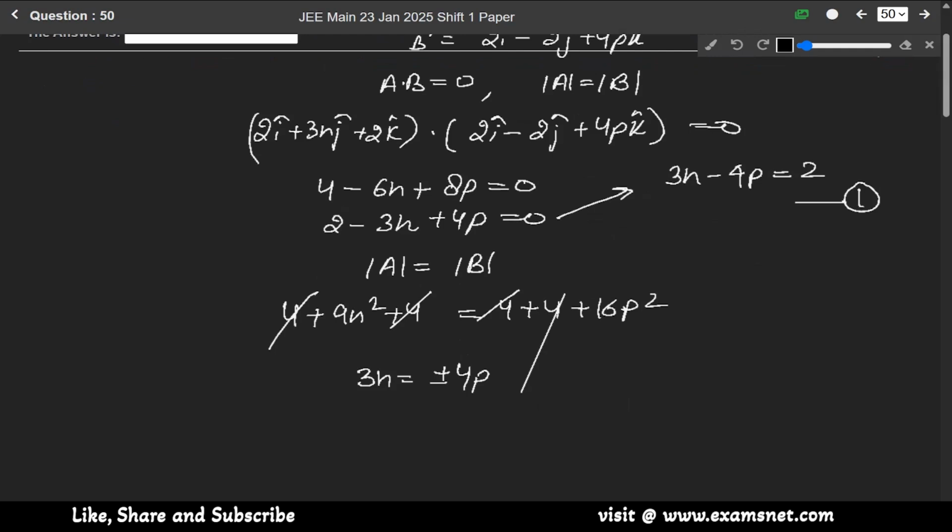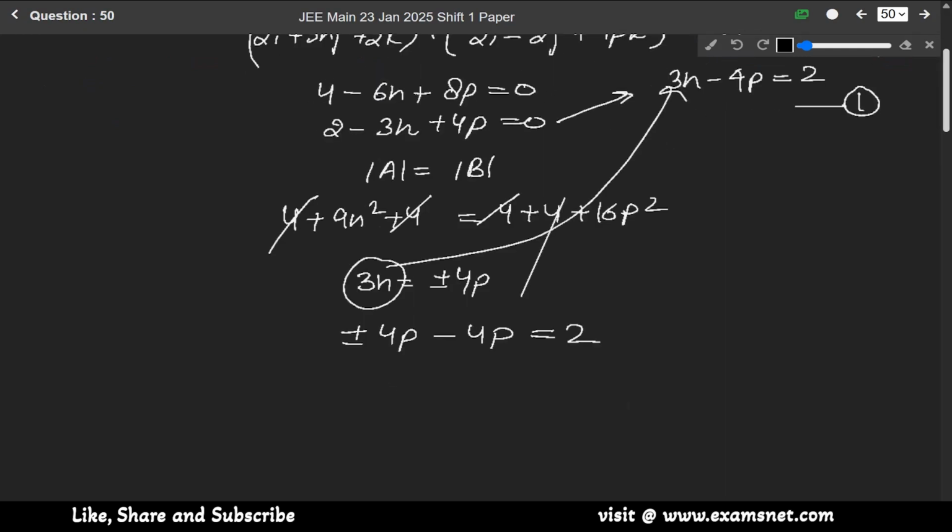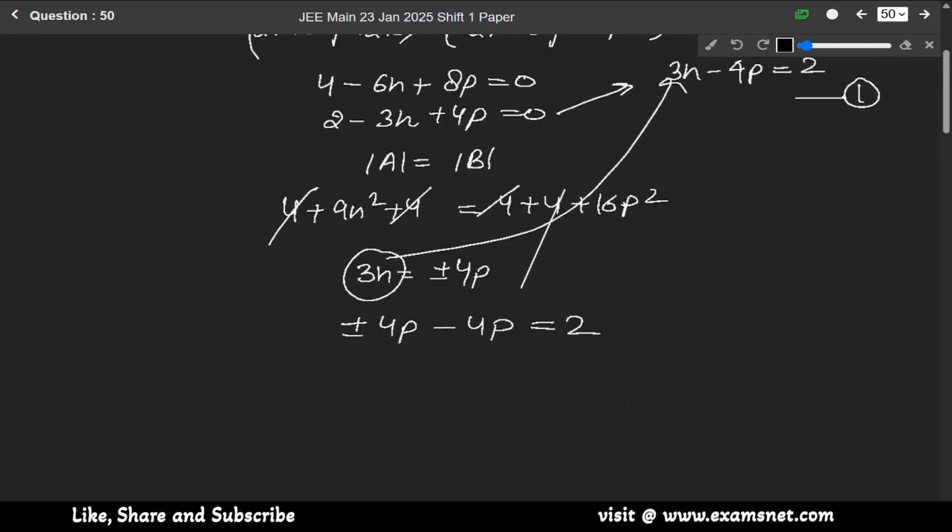So we can write plus minus 4p minus 4p is equal to 2. Just put the value of 3n here. So when we take the negative sign, because when we take the positive sign, it cancels out. So for negative sign, we can write minus 8p is equal to 2. So p is equal to minus 1 by 4.